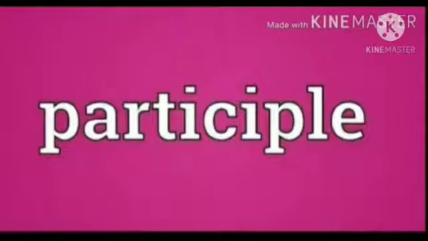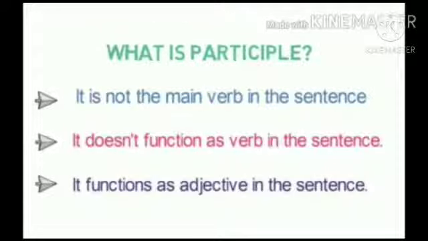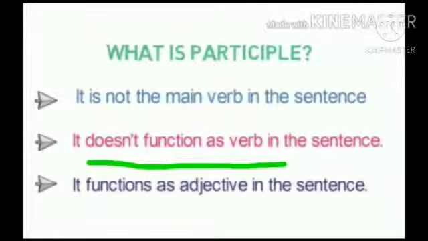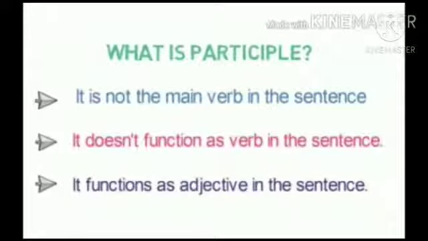Now let us study the third form, that is participle. Now what is a participle? It is not the main verb in the sentence. It does not function as a verb in the sentence, and it functions as an adjective in the sentence.